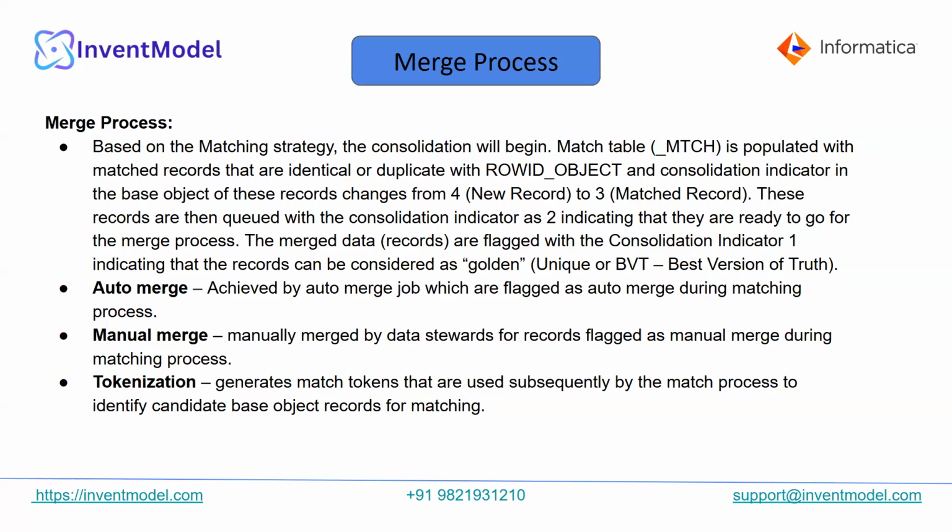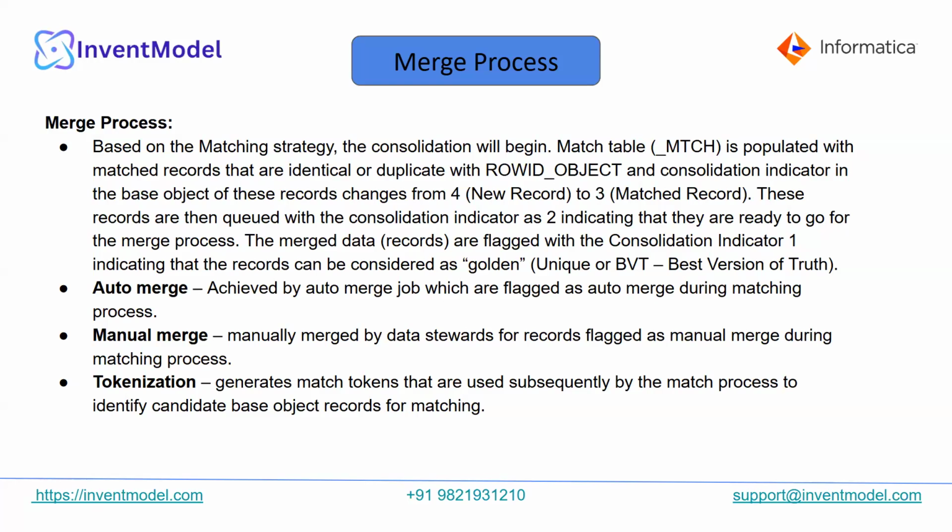There is also an option to send these manual merge records for auto merge, so they can choose whatever they want. And auto merge is automatically merged by the system. So in auto merge there is no human intervention required, because the system itself will merge the records automatically.